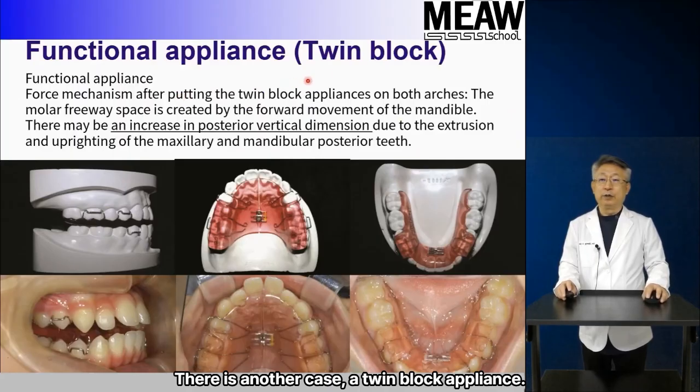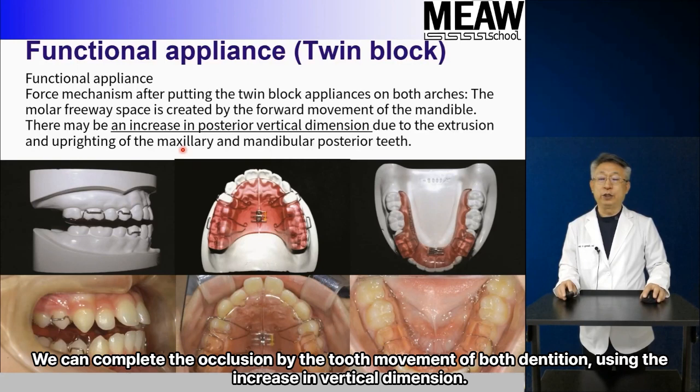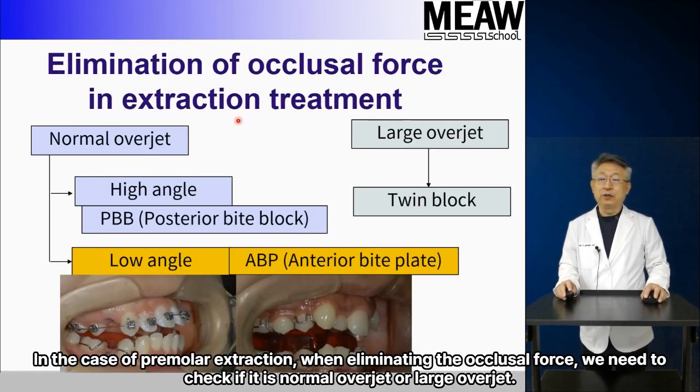There is another case, a twin block appliance. In the case of the twin block appliance, the vertical dimension increases in the posterior region. We can complete the occlusion by the tooth movement of both dentitions using the increase in vertical dimension. In the case of premolar extraction, when eliminating the occlusal force, we need to check if it is a normal overjet or a large overjet.